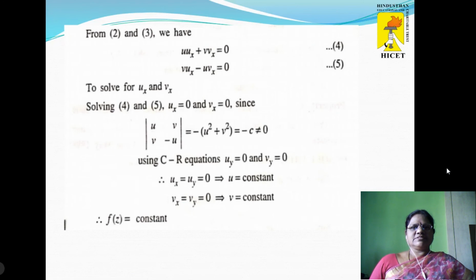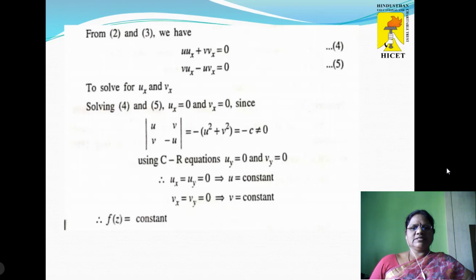From the above equations, we have u ux plus v vx equal to 0 and v ux minus u vx equal to 0. Now solving for ux and vx, we get ux equal to 0 and vx equal to 0. By CR equations, we also get uy equal to 0 and vy equal to 0.